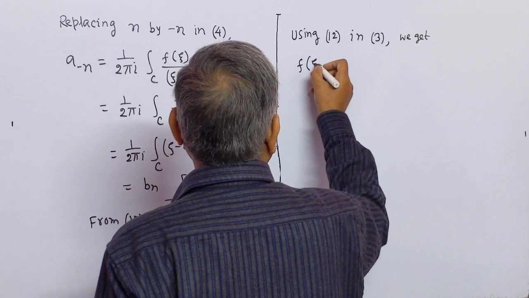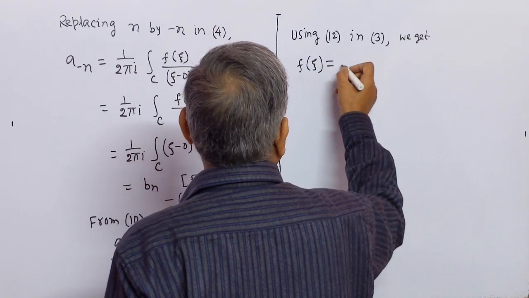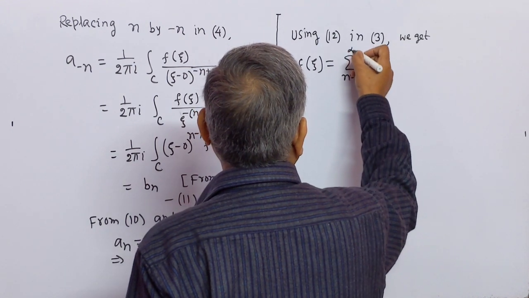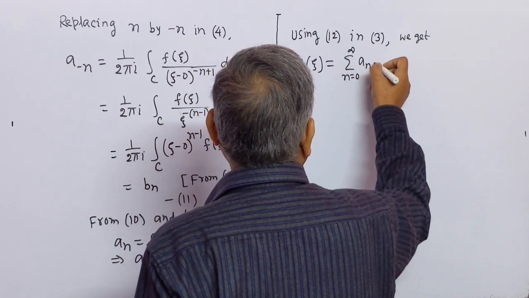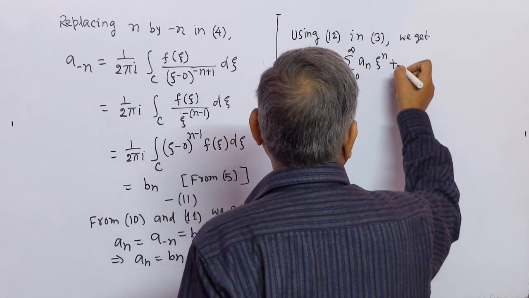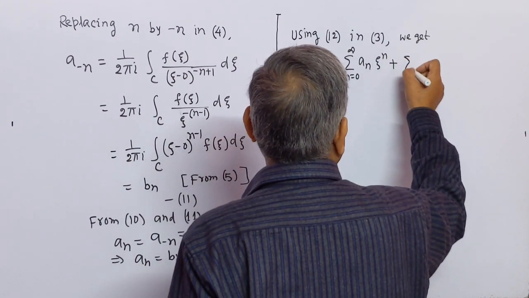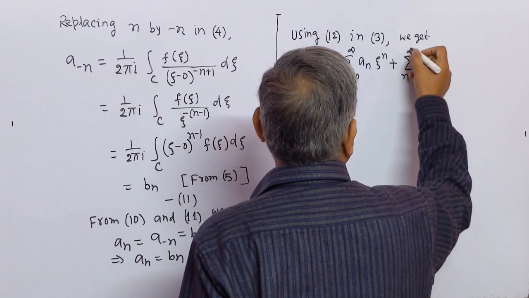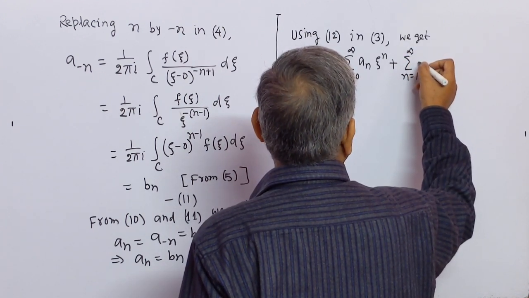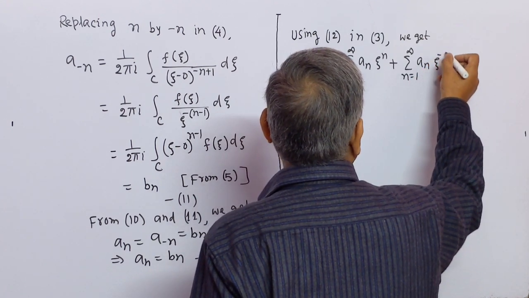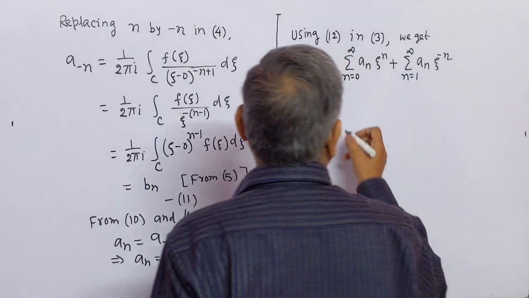function of xi equal to sigma n equal to 0 to infinity an xi to the power n plus sigma n equal to 1 to infinity, in place of bn we write an xi to the power minus n.